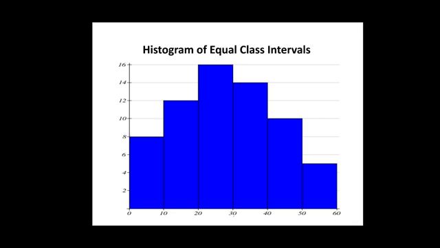Dear students, as we can see here, a histogram looks like a bar diagram. But in real case, histograms are different from bar diagrams because bar diagrams are only one-dimensional diagrams where only length of the bars is considered for purpose of comparison.